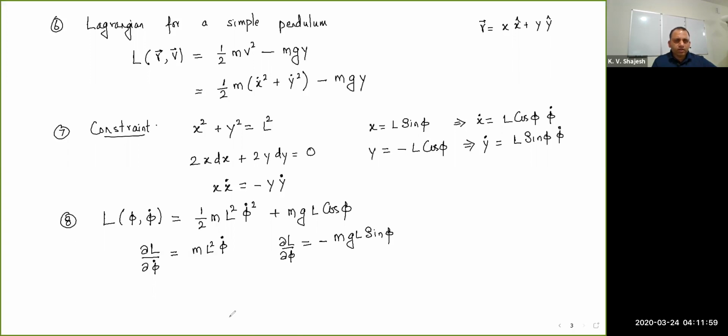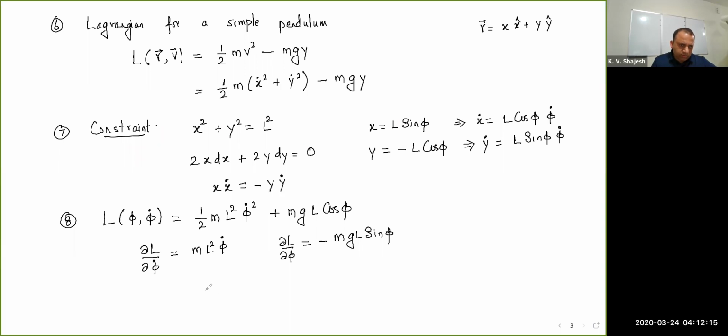And the Euler-Lagrange equation tells us that the time derivative of the generalized momentum should be equal to the torque.